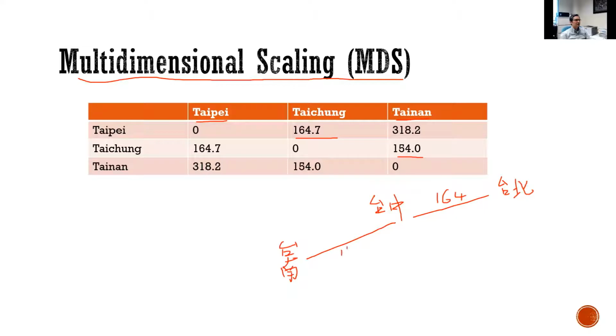It's 154. And we also know from Taipei to Tainan is 318. So this is almost linear.